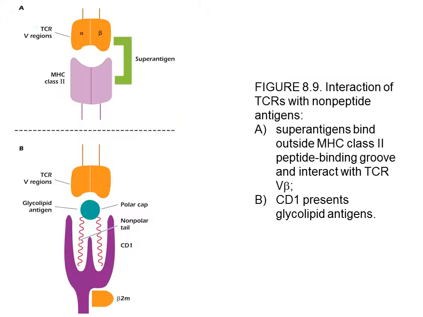And the good example for that is, and you can see from here, A and B. Number A, then again, is an interaction between a cell that is expressing MSC class 2, and there's a TCR region, and you remember there has to be a peptide over here, right? Now, in this case, what happened is, I said, the super antigen binds outside MSC class 2 and interacts with, like a short circuit.